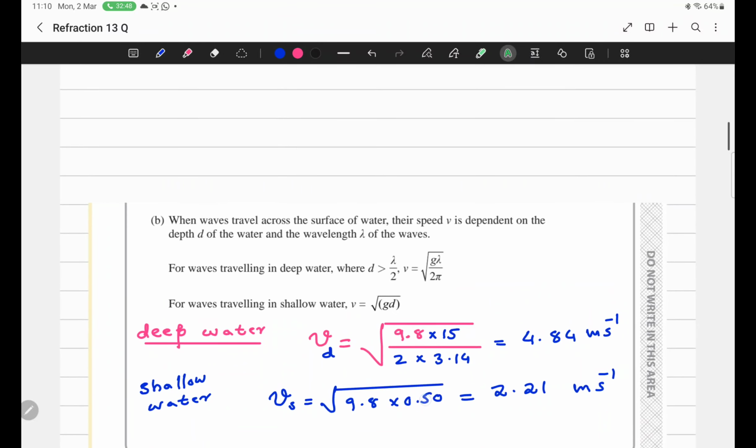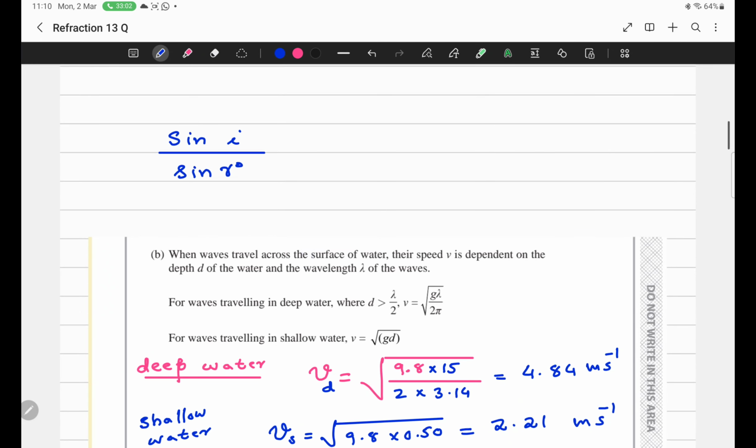So I am using the equation sine I divided by sine r. We are using the given diagram. Remember sine I is the angle in deep water and sine r is in shallow water.